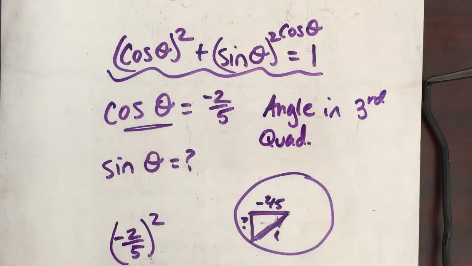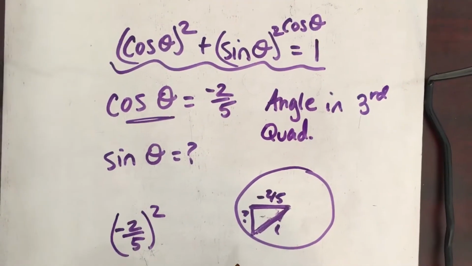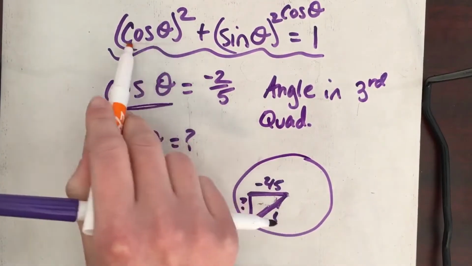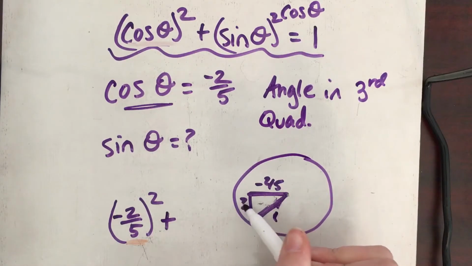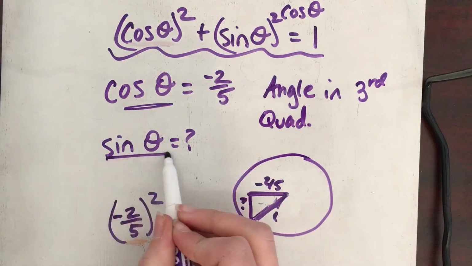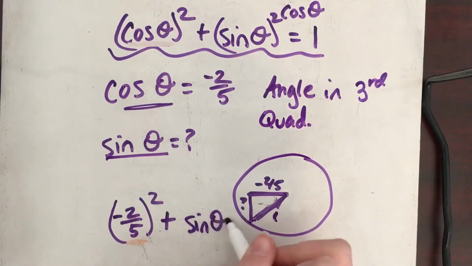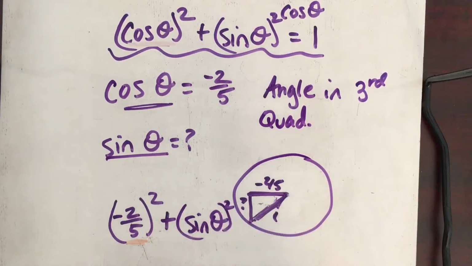So if you see right here, this cosine value is just worth -2/5. So those are equal to each other. Plus, I don't know this other short side of my triangle, the leg. So you can call that y, or you can call it sine of our angle. And that's going to also be squared.